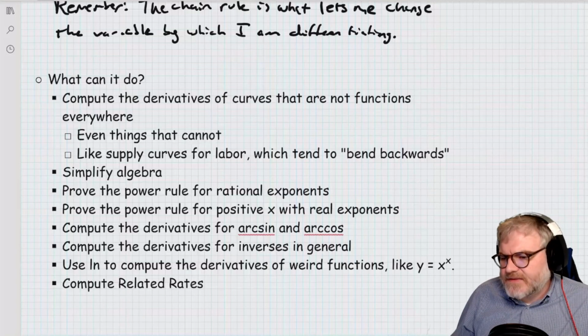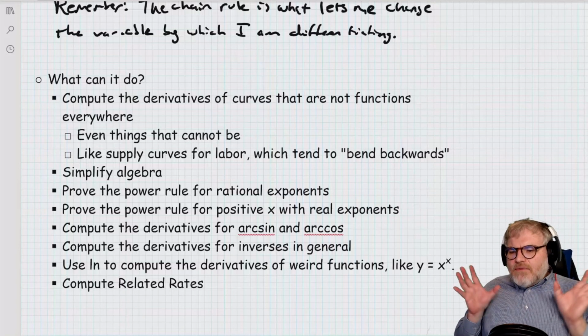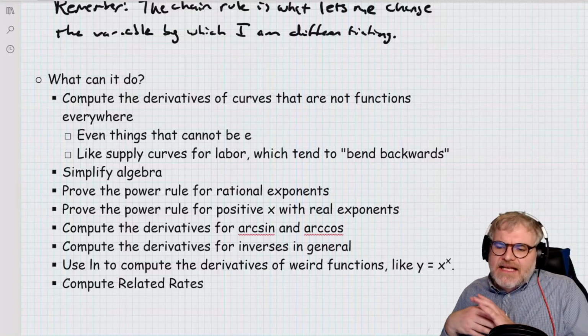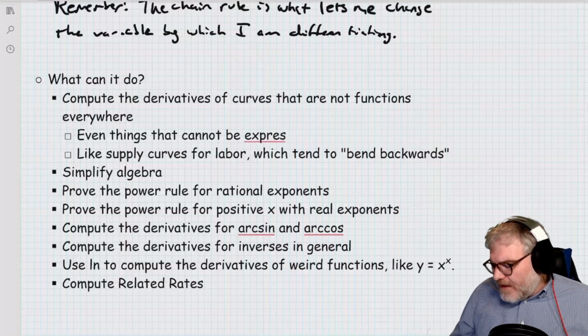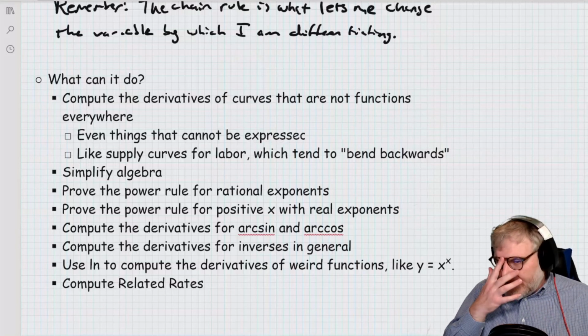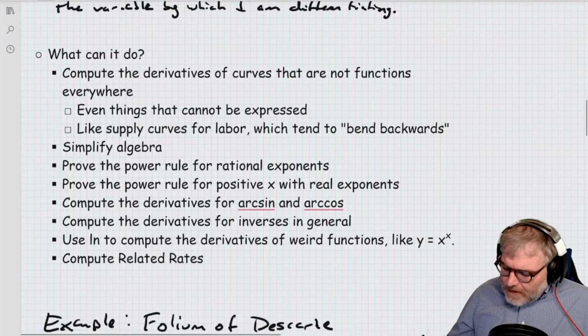And there are such things. In real life, for example, labor supply curves tend to bend backwards. If you play around with it, you can see how powerful this tool is.